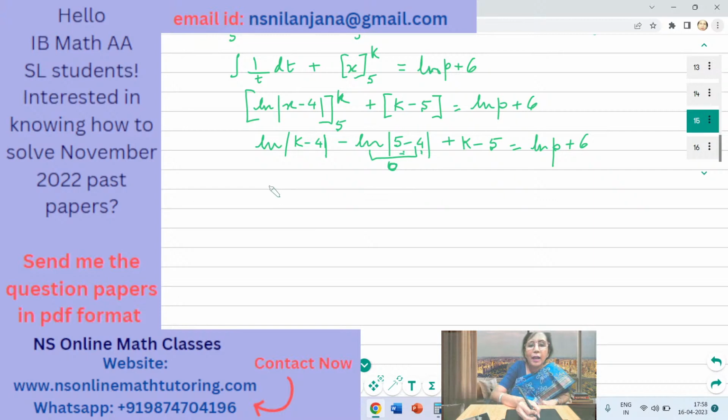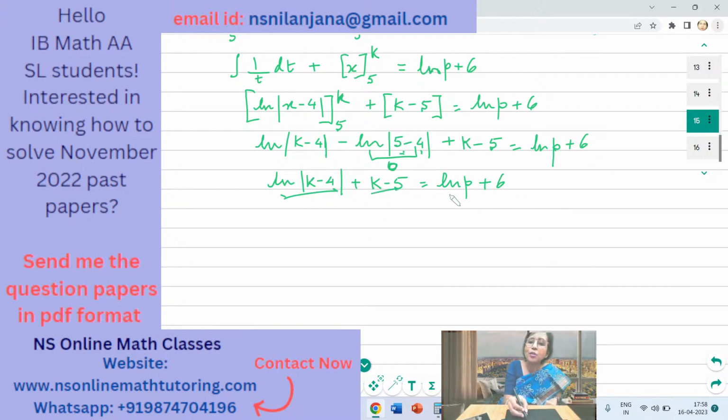So what we are having is ln of k minus 4 plus k minus 5 is equal to ln of p plus 6. The left side is containing ln of something plus a number.